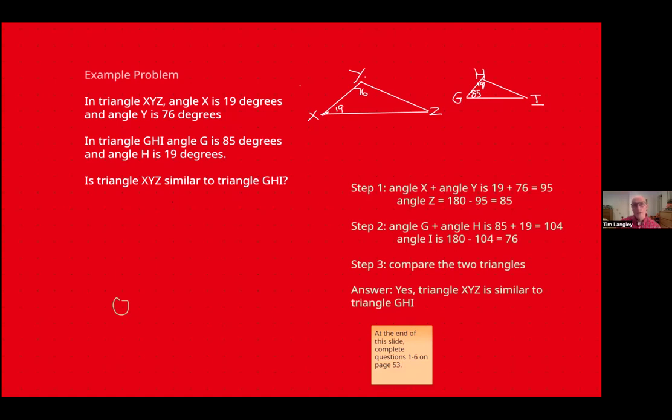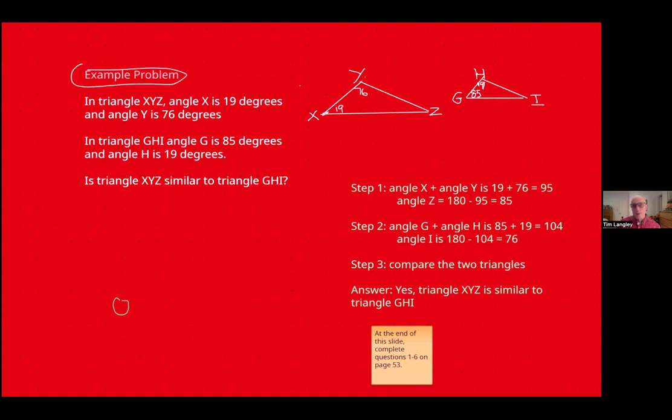Is triangle XYZ similar to GHI? That sounds like a lot of math, but basically all we're asking here is, do these two have the same angles? That's an example of a problem that you're going to run into on your test at the end of this unit and also in your homework.